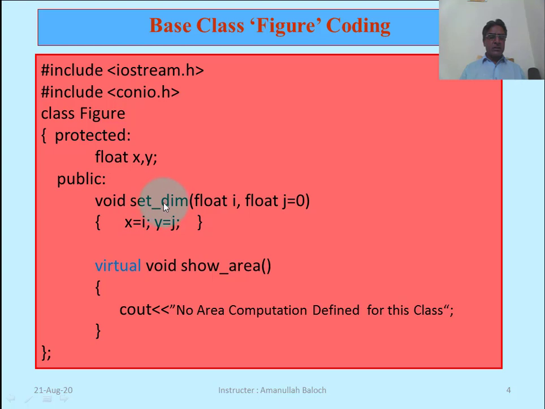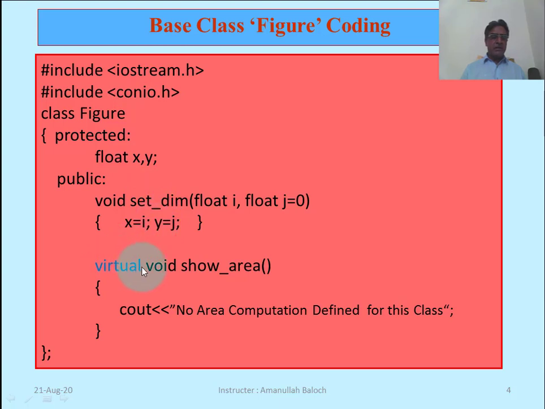So through this function we set the values of x and y. Whichever values are passed to this function, those values are set into the memory of x and y, that is, in the memory of that figure object.